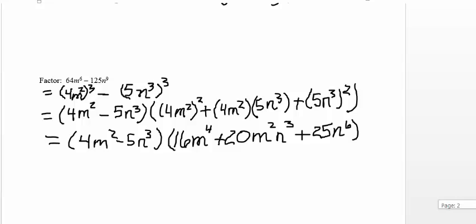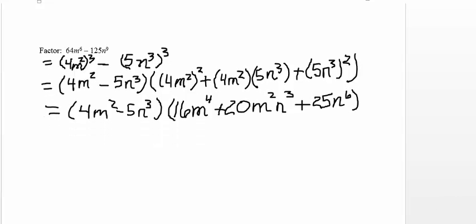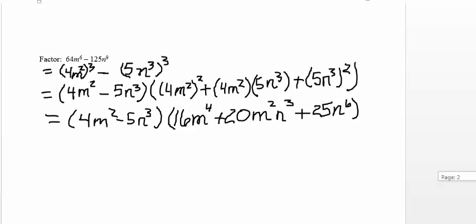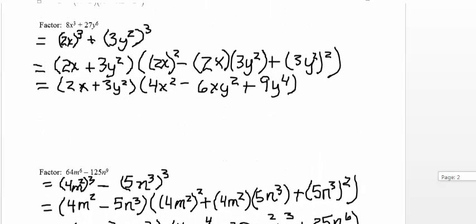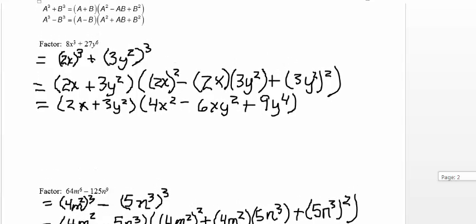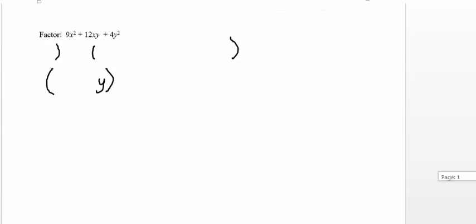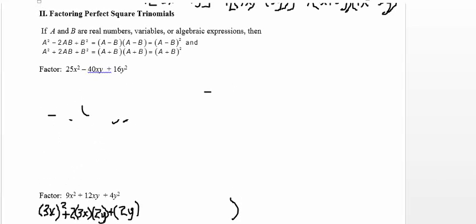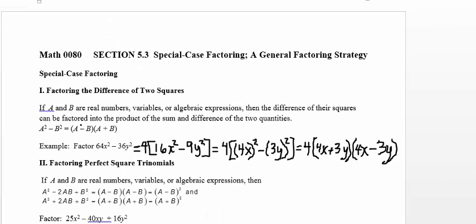Alright, and the general factoring strategy is to factor out any GCF different from 1 as your first step. If your polynomial only contains 2 terms, it could be a sum or difference of cubes, or it could be a difference of squares, as was our first example on this worksheet.